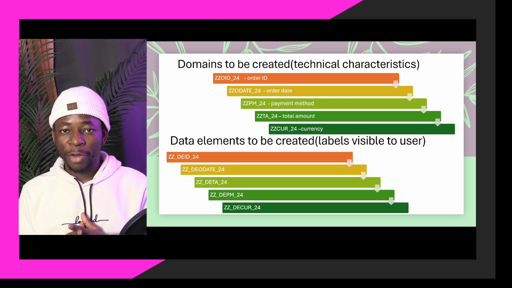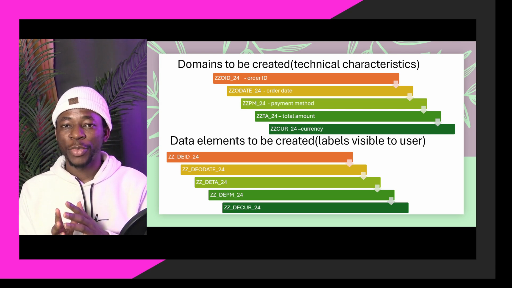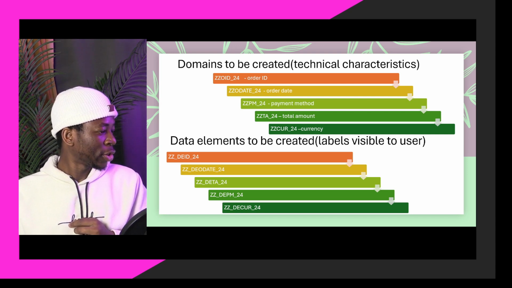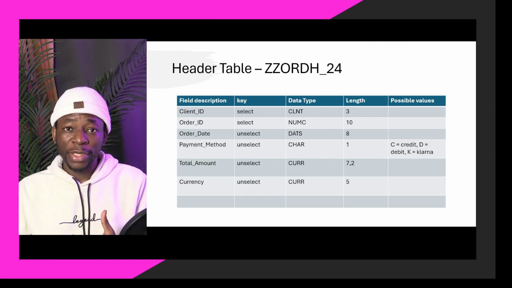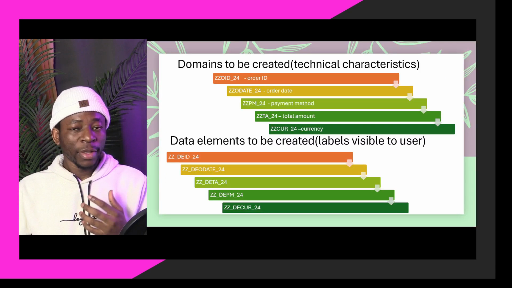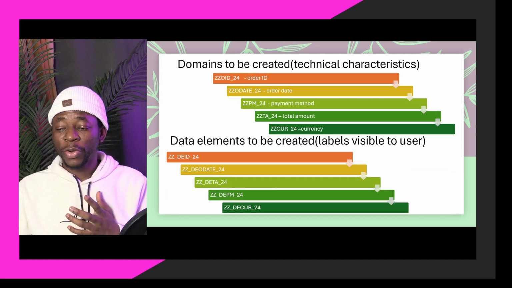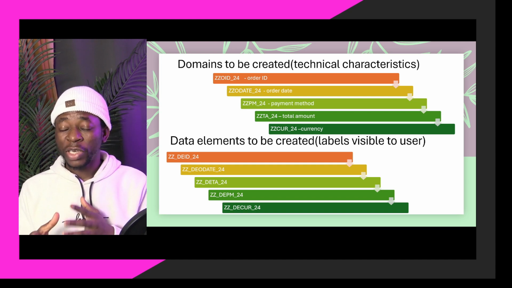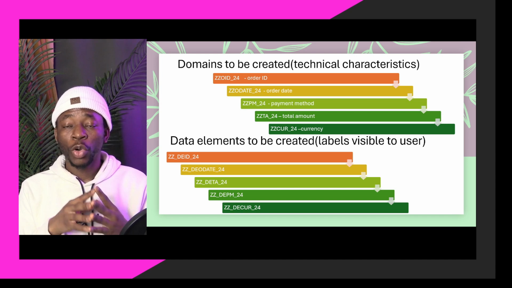In this video, I'll be showing you how to create all the domains and the data elements that are needed to create the table structure that I showed in the previous slide. Now I made it easy. These are the domains that we're going to be creating: the domain for the order ID, the domain for the order date, the domain for payment method, the domain for total amount, and the domain for currency.